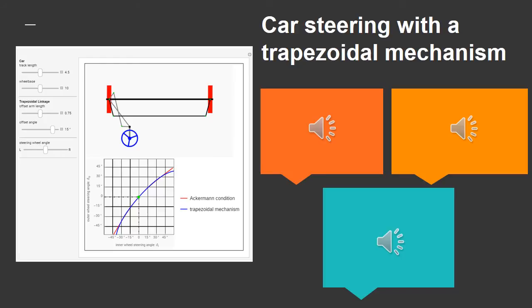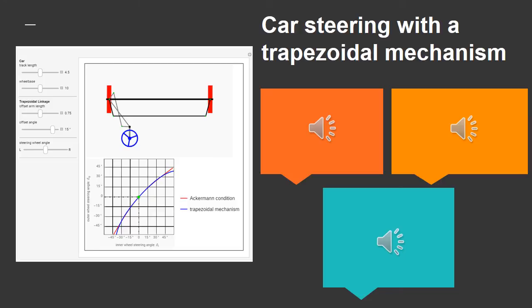Now here in this picture we have another example. This is a demonstration simulating a classical trapezoidal steering linkage of a car with front wheel steering. In order for the inner and outer front wheels of a car to turn without slipping in a curve, the steering angles must comply with the Ackermann condition.